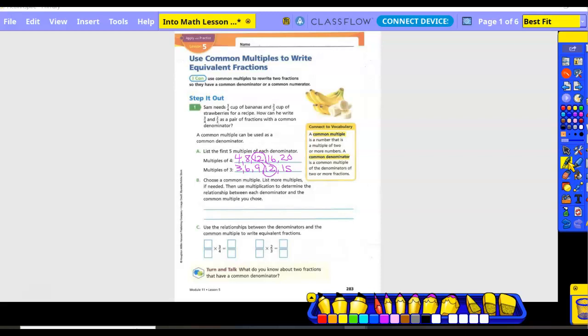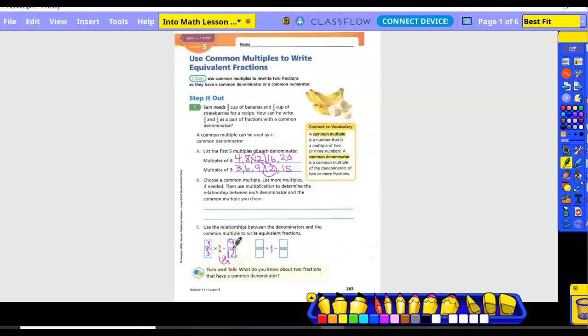Okay, so once again, they gave us the fraction, and then what would we do? So we want 12 here, right? Okay, so how did I get from 4 to 12? By 3. So remember, when I multiply on the bottom, I also multiply on the top. So this would be 3 as well. So what is 3 times 3? 9.